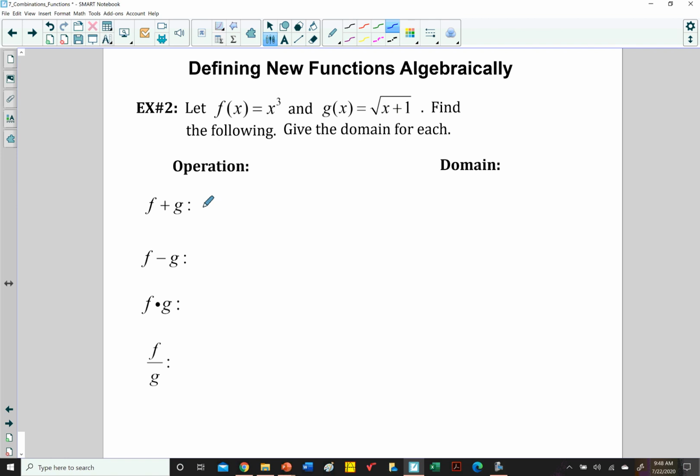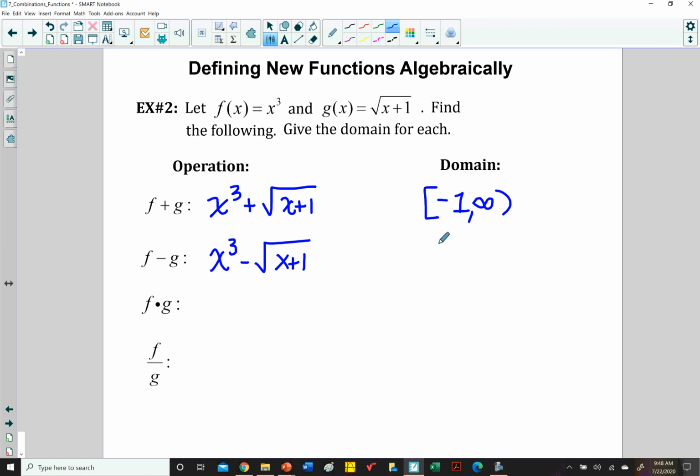If I'm adding two functions, I'm adding x cubed plus the square root of x plus 1, and that overlapping domain is going to go from negative 1 to infinity. The same with the difference between the two. The difference between the two can't be simplified, but same overlapping domain.